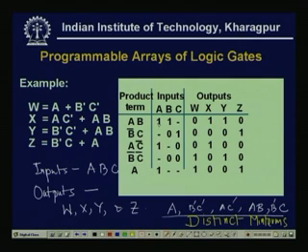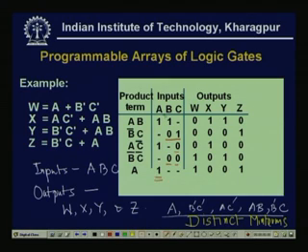A B means A and B, B dash C means B complement and C, a 2 input AND gate. A C dash means A and C complement. B dash C dash means B complement, C complement, and A means only one literal A.